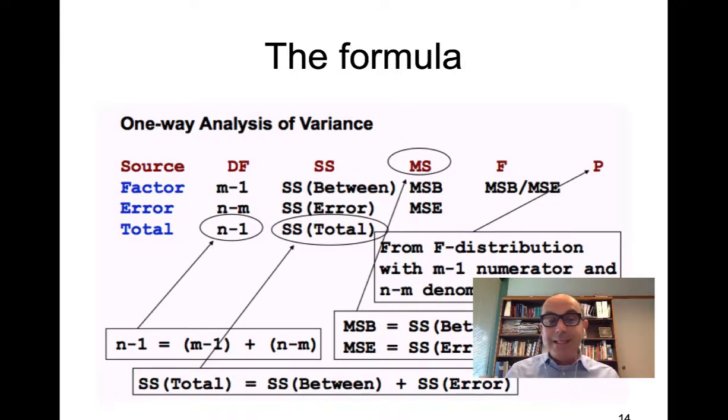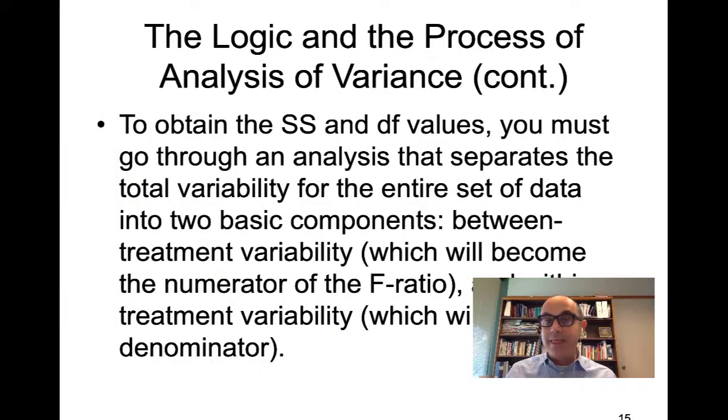The formula in this case, again, is for a one-way analysis of variance: the factor, the error, and the total. This is where we come together to measure the difference, where the total is equal to between plus the error, in order for us to understand it.